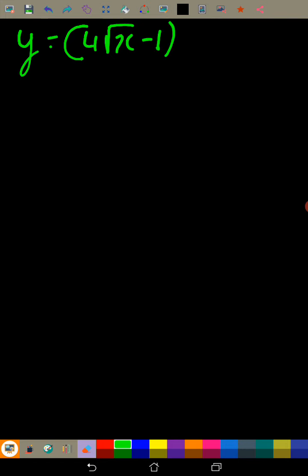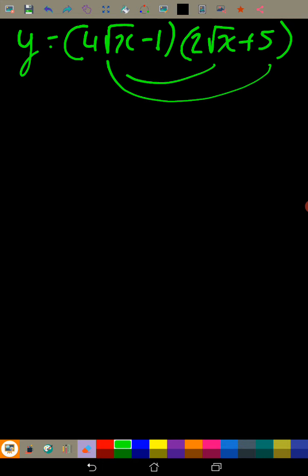This is in the first bracket, and then we have 2 root of x plus 5. So we have to differentiate this. So what can we do? We can expand this.